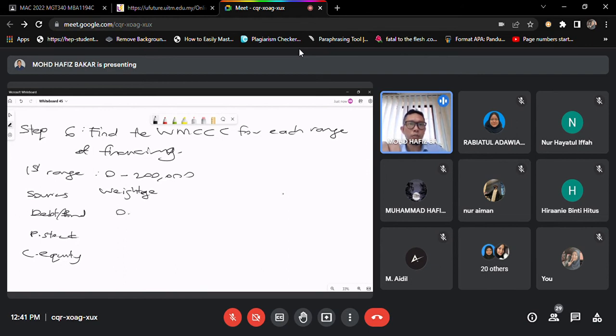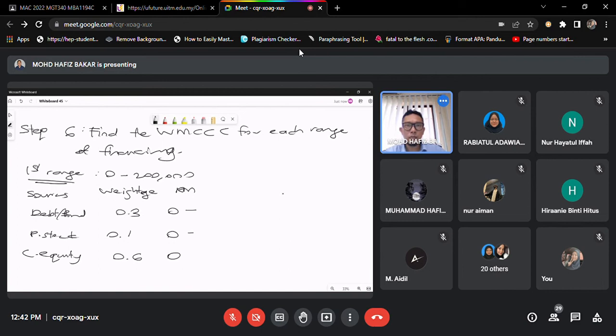Debt will be 0.3, preferred stock 0.1, and common equity 0.6. Okay, and this is RM. Kalau first range, dia mesti start with 0. Preferred stock start with 0, and common equity must start with 0.